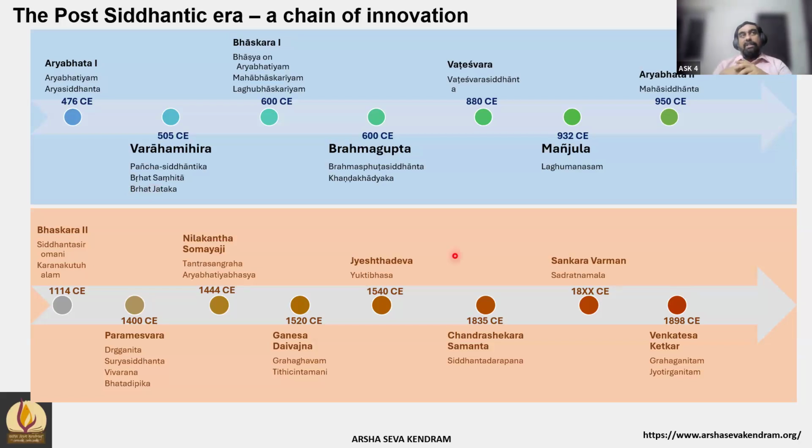If you recollect earlier, we saw that Samhita is about making predictions around events that affect large masses of population, like weather forecasting, natural disasters, eclipses, things like that. So there was both astronomy and astrology intertwined into Brihat Samhita.